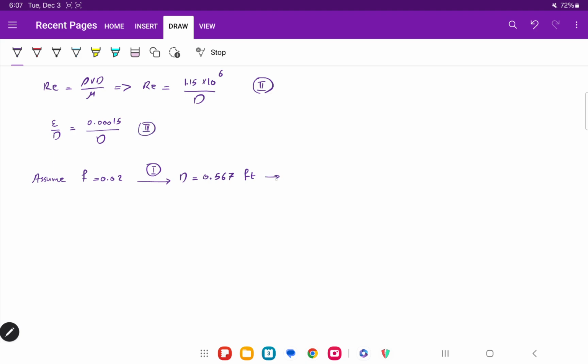Having the diameter, using equation 2, you can find Reynolds number 2.03 times 10 to the power 6. As you know, we are in the turbulent flow region, and using equation 3, epsilon over d equals 0.000265.